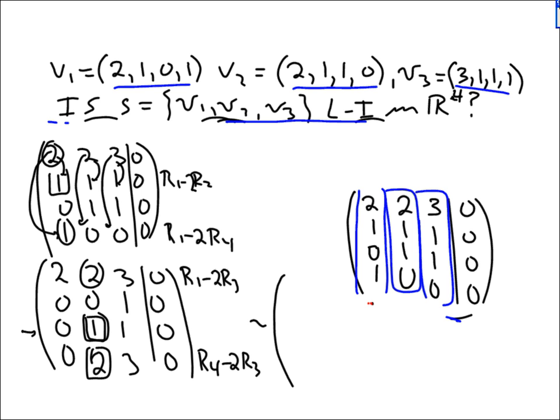And this gives me 2, 0, 1, and 0. Row 2 is not being changed. Row 3 is not being changed. Row 4 is: 0, 0, 1. And of course I have 0 on the end.